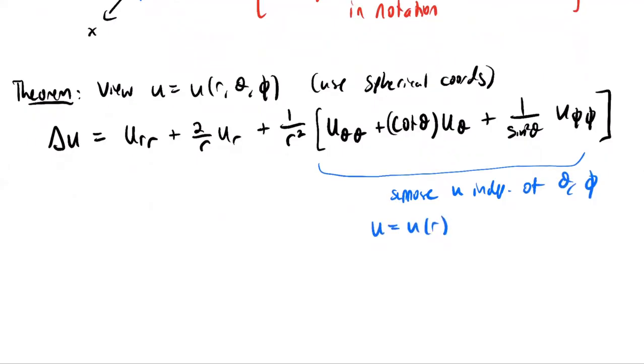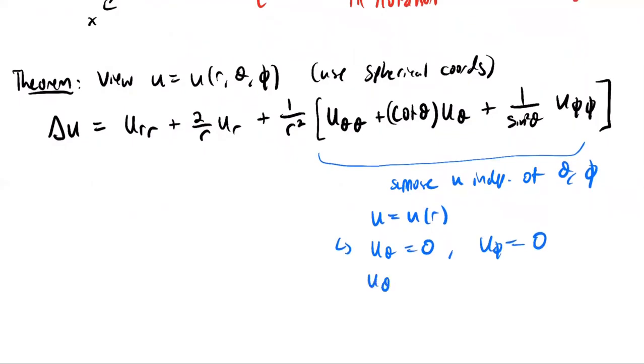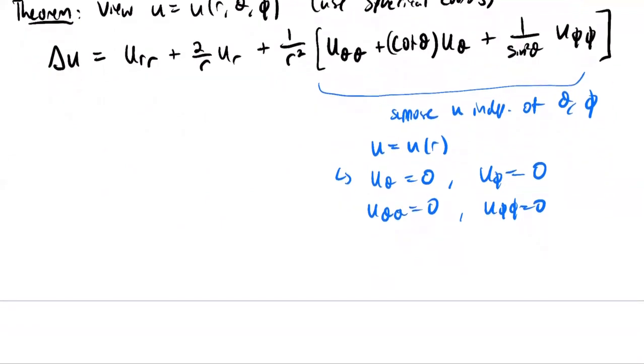Well, this means that u theta is equal to 0, and also u phi is equal to 0. And of course, if the first derivatives are 0, the second derivatives are also 0. So for this special class of functions, which only depend on the radius parameter, the angular term vanishes and the Laplacian acts very nicely on these functions. It's a lot easier to calculate the action of the Laplacian.